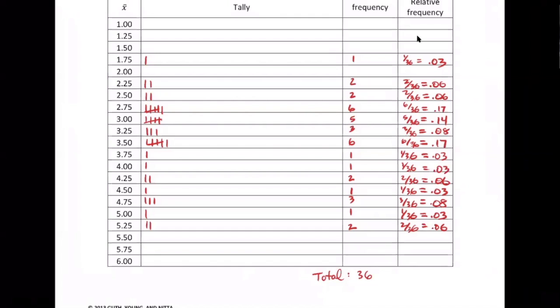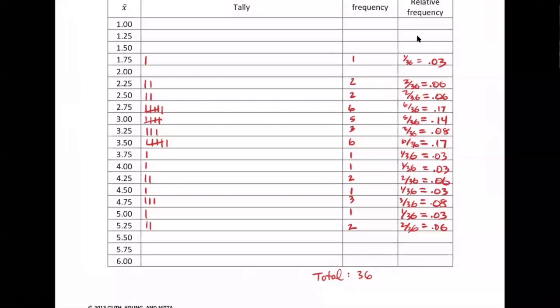So there was a 1.75, 2.25 appeared, 2.5, 2.75, 3, 3.25, 3.5, 3.75, another 4, 4.25, 4.5, 4.75, 5, and 5.25. Okay, so those are the only ones we got.